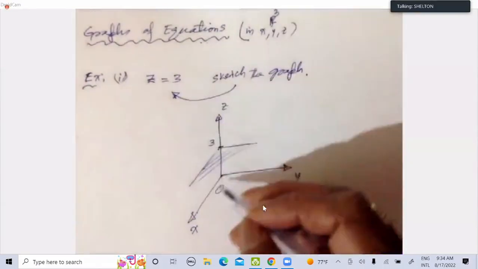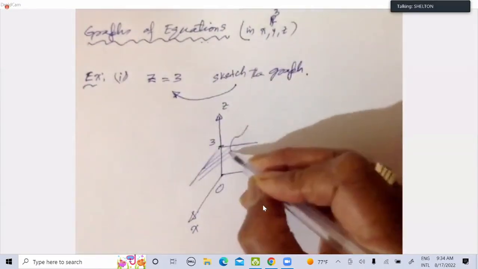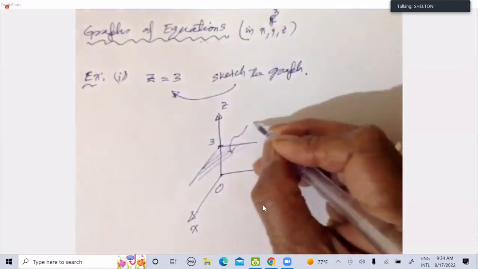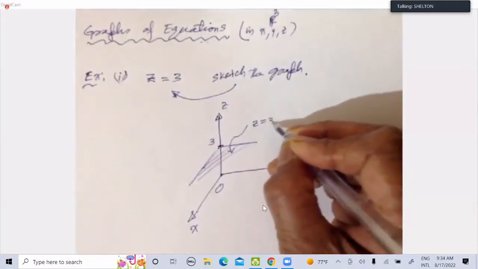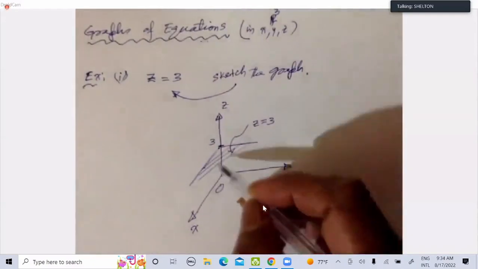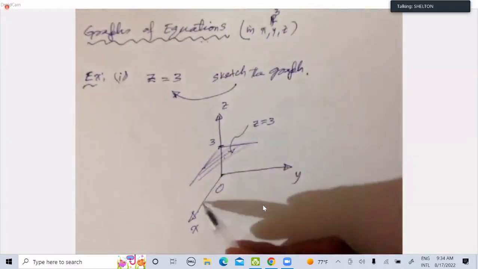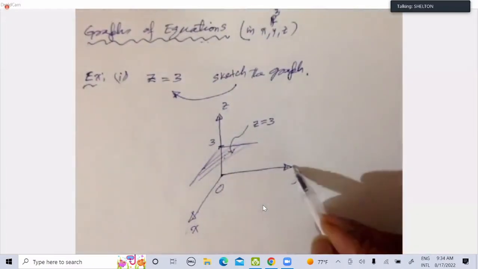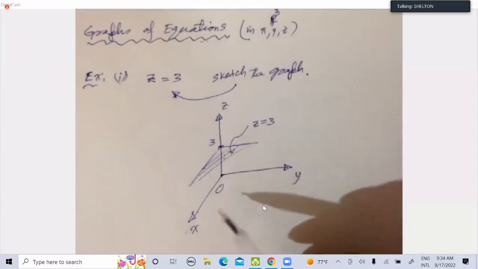So just to get an understanding of this, we shall draw a plane parallel to the xy plane through the point 3. If you take any point on the xy plane, z is equal to 0.